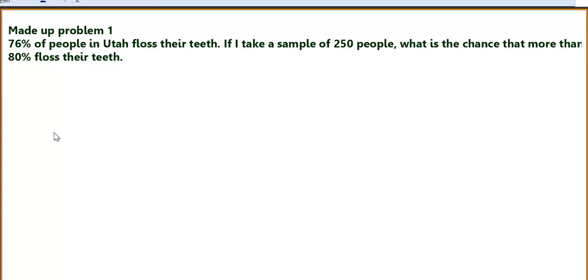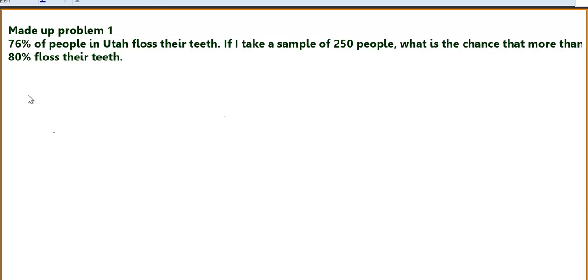So first of all, when you look at this problem, is this going to be a chapter 20 or chapter 21? Do I know information about the population or do I know information about the sample? Population and chapter 20.